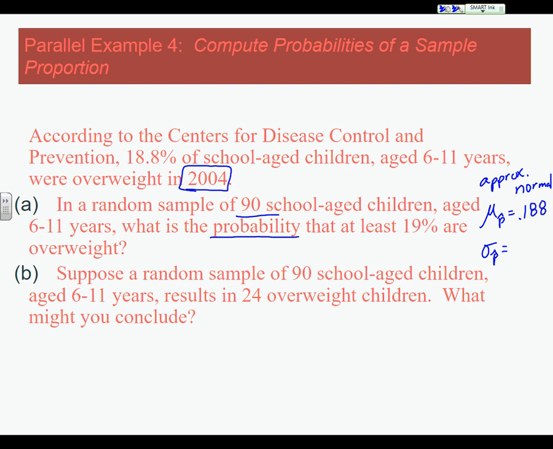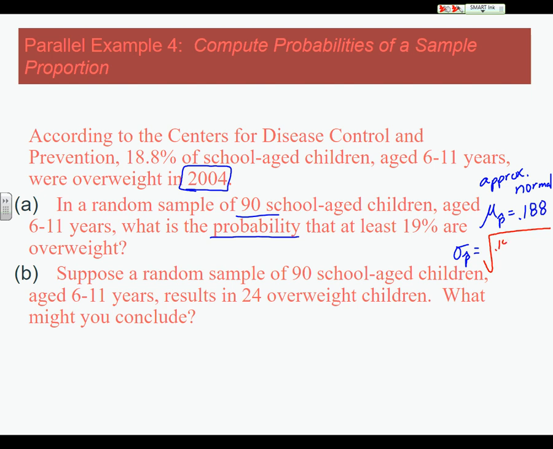It doesn't say anything about spread on here, and I'm going to need to go to my Z chart eventually. So I'm going to need my spread in order to know what number to get from my Z chart. And my spread, I did this on the last video. I didn't leave myself enough room. Let's just pull that over. So this is going to be important.